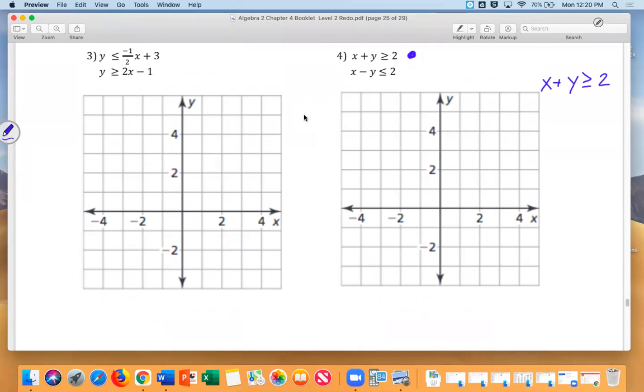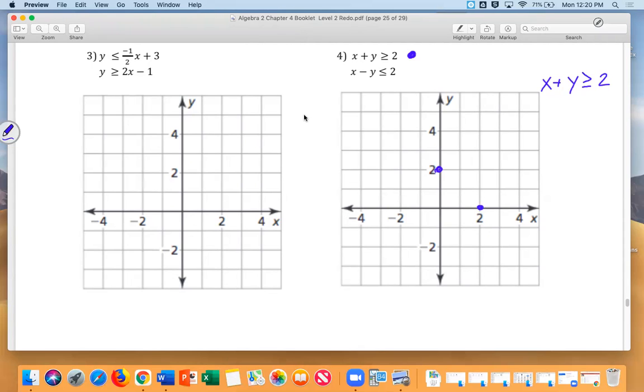Now, I'm going to use the cover-up method here, because I think it allows me to do the problem quicker. So, Ed, I'm going to cover up the x, and I get y is 2. So I'm going to put a point there. Now I'm going to cover up the y, and I get x is 2, and I put a point there.